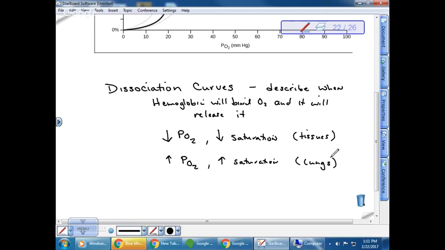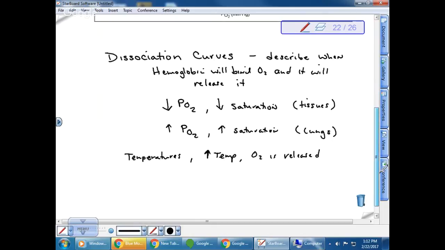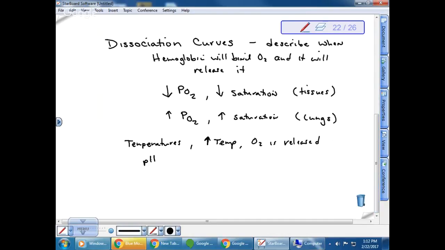Now, there's a couple of other things that affect dissociation, and one is temperature. So when we look at tissues that are using a lot of oxygen, they increase their temperature. So as we increase temperature, oxygen is released, right? So we would decrease saturation. And then also pH plays a role, right?